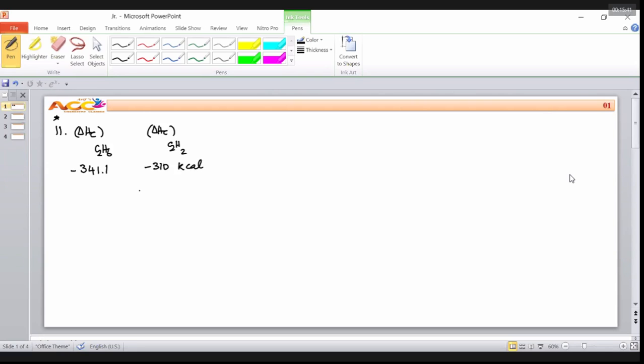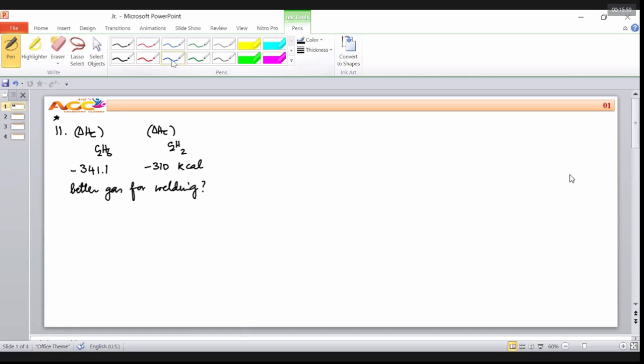Nice. Which is the better gas for welding? Which is the better gas for welding? This is the question.